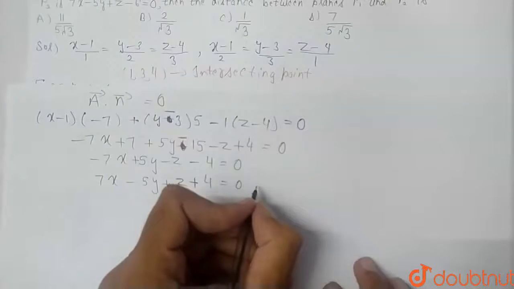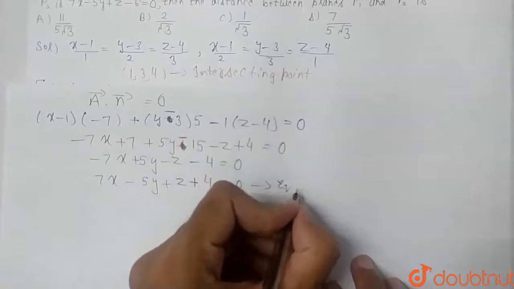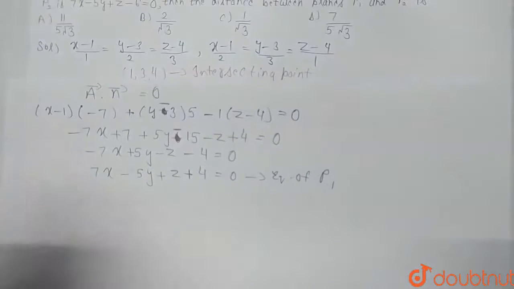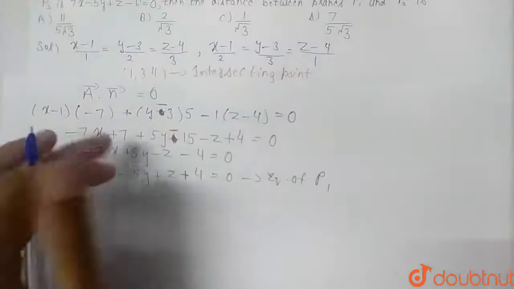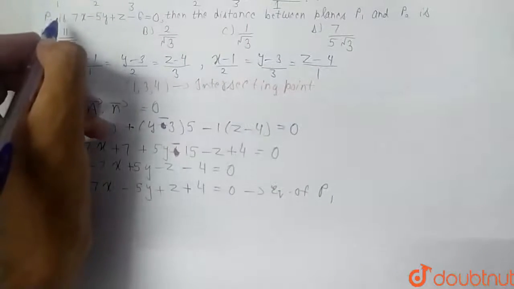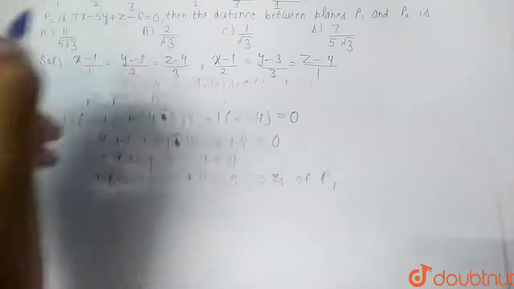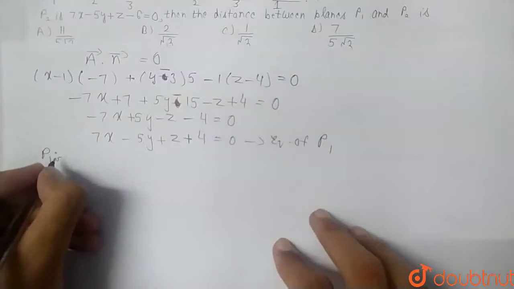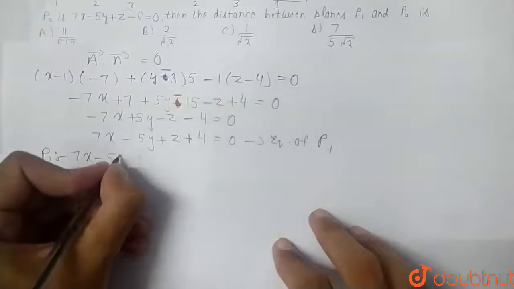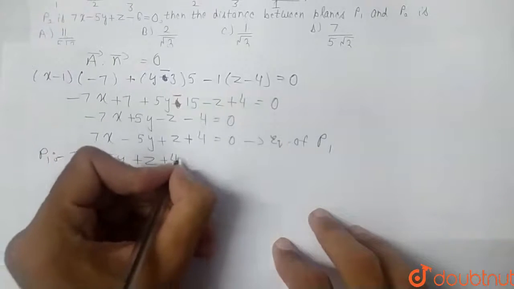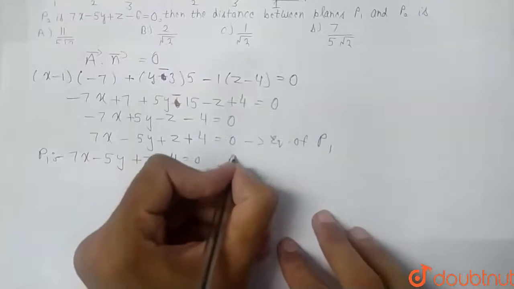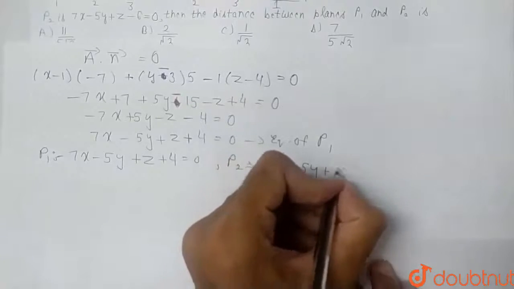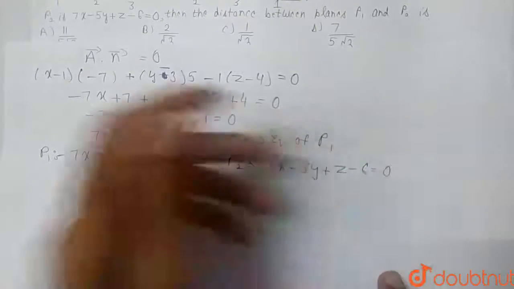So this is the equation of plane P1. Now they have also given the equation of plane P2, which is 7x minus 5y plus z minus 6 equal to 0. So P1 is 7x minus 5y plus z plus 4 equal to 0, and similarly P2 is 7x minus 5y plus z minus 6 equal to 0.